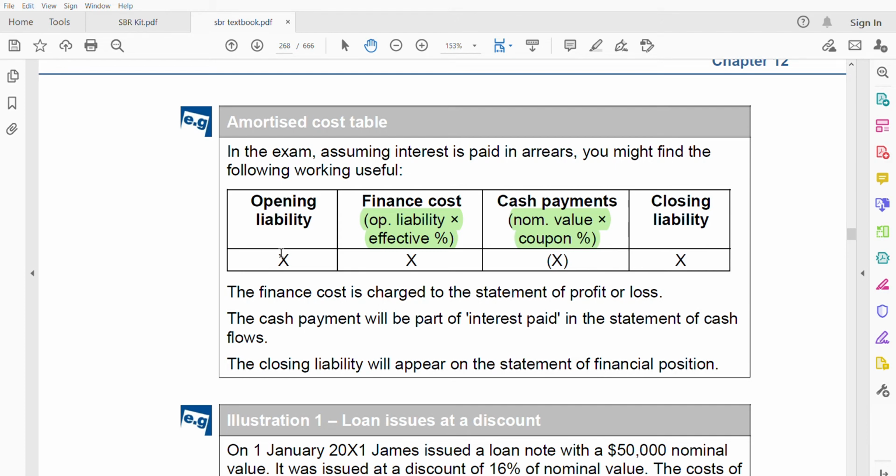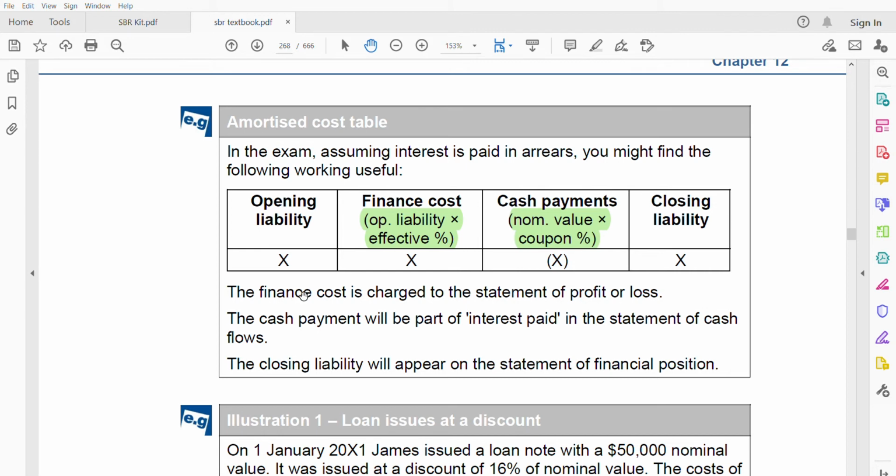It's simple, just add another column, another row below. This closing balance will become the opening liability here for 2001, and then you apply the effective interest rate, then you minus the nominal value by the coupon, and again get the closing balance. Again that closing liability will become the opening liability for the next year. You see, it keeps on repeating like that. It's nothing difficult.